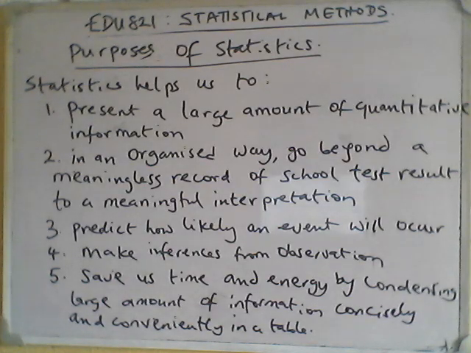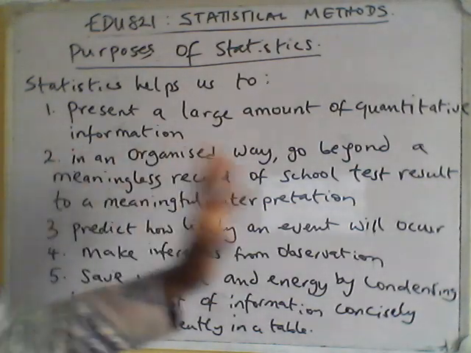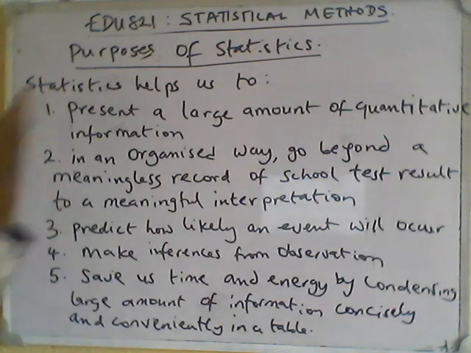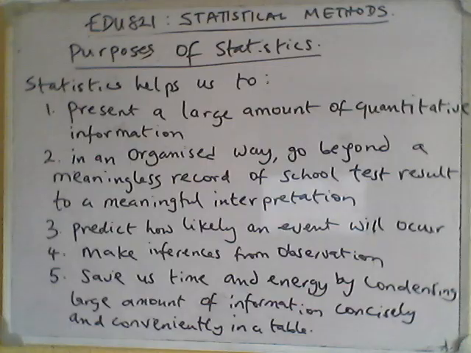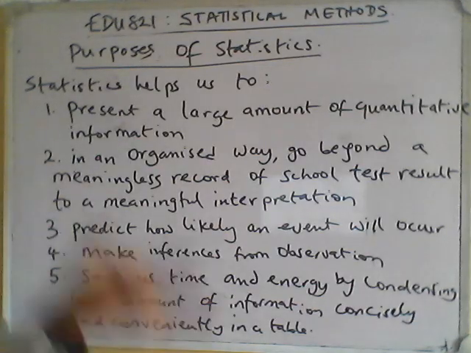You can see the people in the first quartile or the second quartile or the interquartile range. When you talk about measures of central tendency or measures of dispersion, these are the things that you see when you are using statistics. So it helps, in an organized way, to go beyond meaningless records to meaningful interpretation.